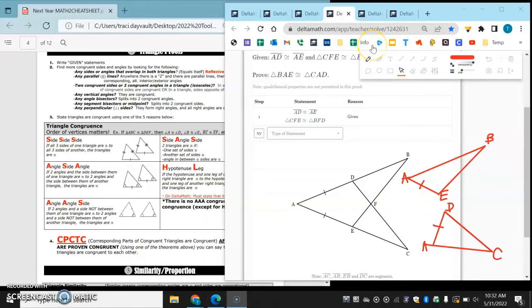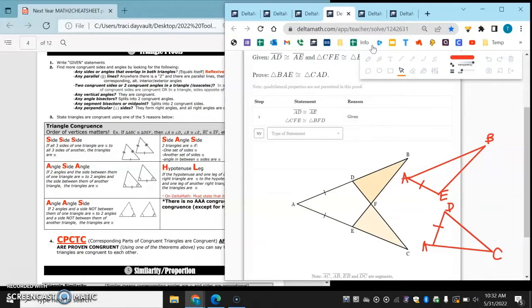So I want to see if there are any parts within these 2 smaller triangles that are shared with the 2 bigger triangles, basically, so that I can kind of steal them to show that I've got some congruent sides or angles.